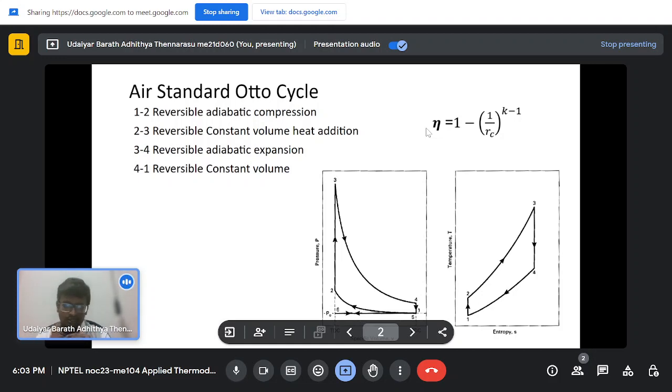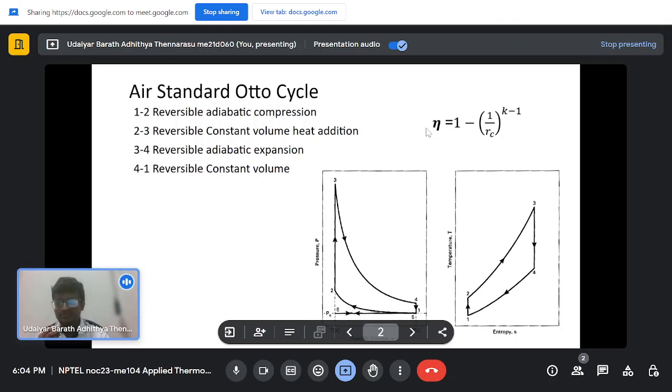But in assuming an air standard cycle, first, we assume that the air is pure air. We don't have any fuel-air mixture. The second main assumption is that this is a closed cycle. We simplify the open system assumption by assuming a closed system, so there is no mass coming in and going out, but the mass which is there, some amount of air inside, has work done over it.